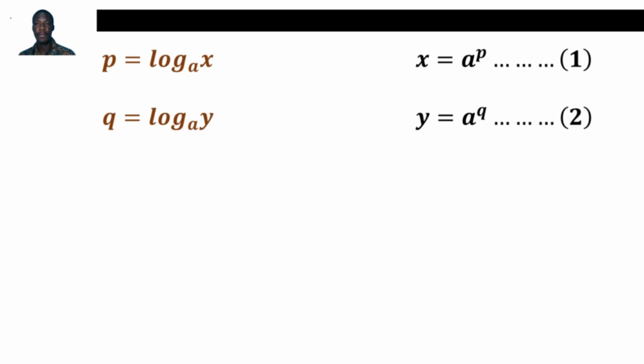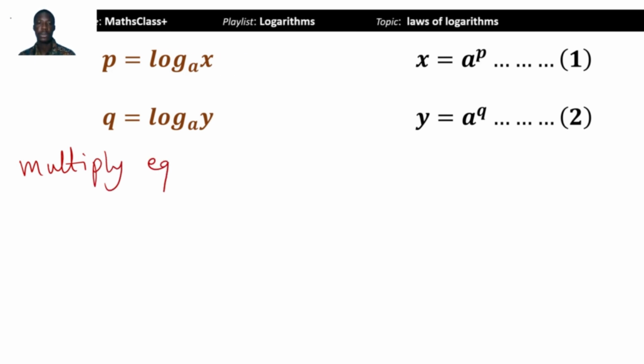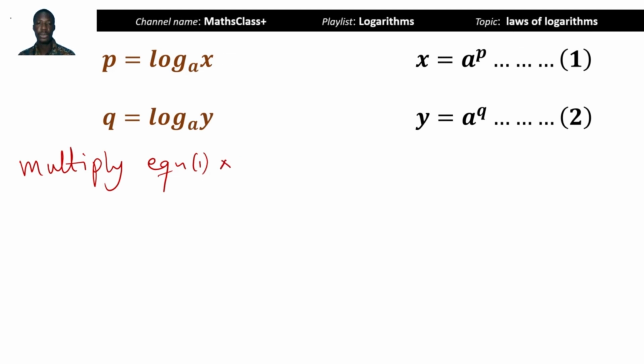Now, as we have already created the conditions, we have equations 1 and 2. What I will do is multiply equation 1 by equation 2.